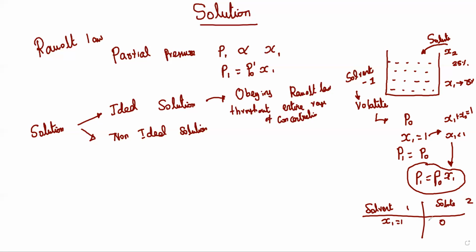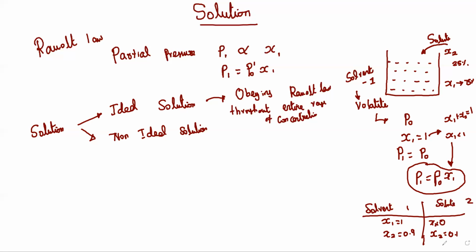There is no solute, X2 must be 0. If you add 10% solute, that is a mole fraction X2 of 0.1, then the solvent X1 is reduced to 0.9.